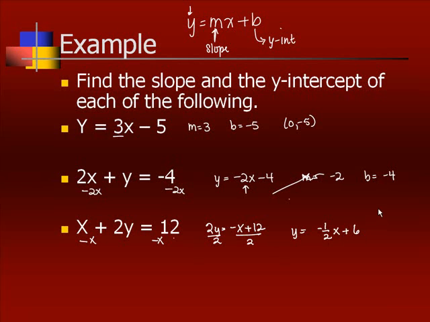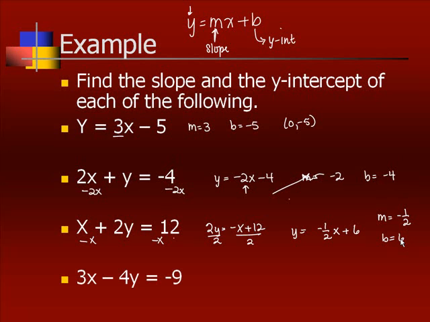Once we get it in y equals form, then we can eyeball it and see that the slope is negative 1/2 and the y-intercept is 6. Now it's real good that you know how to do the y equals form, because if you choose to graph this on your calculator, you've got to get it in y equals form to use your calculator.